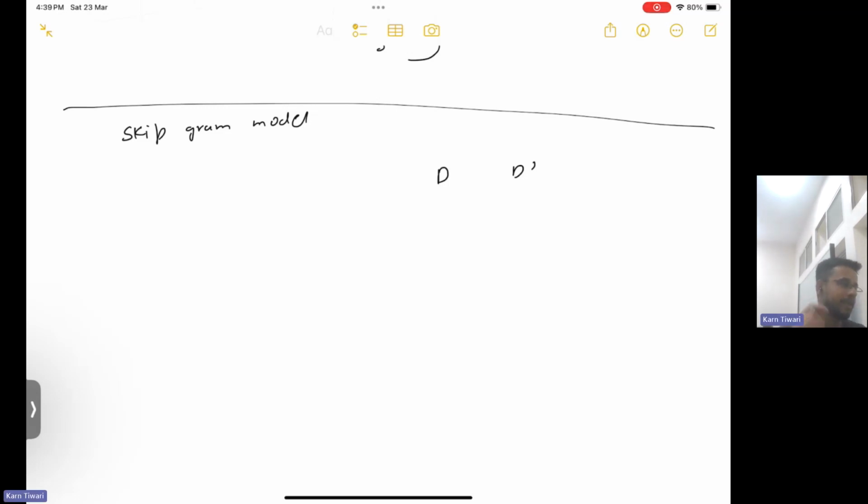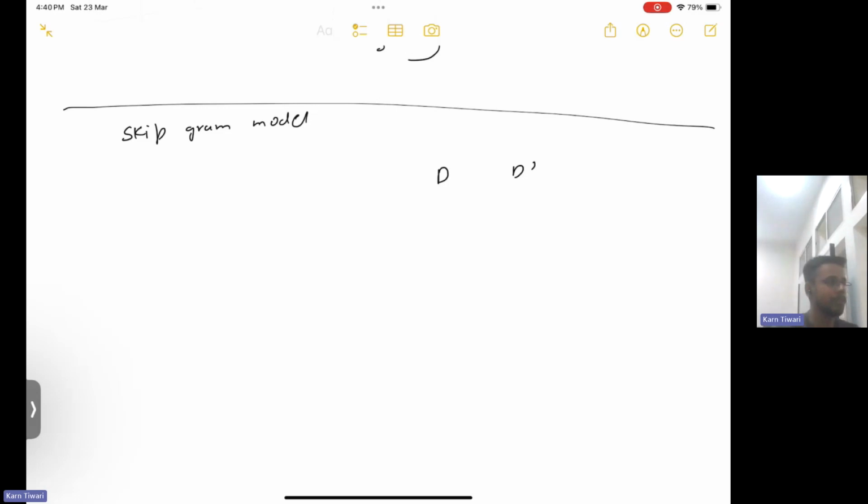Suppose we are traveling from the top to a particular word. At the nodes, we'll be assigning a random binary vector. If we are at a particular node and in the next step we travel towards the left side, then we give the value in that node as one.